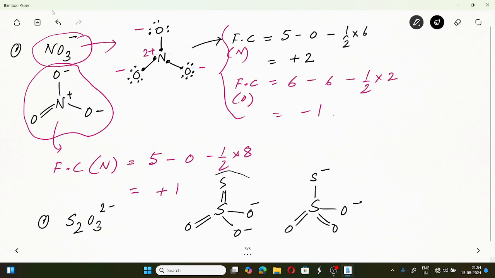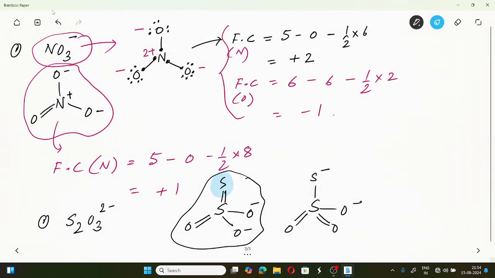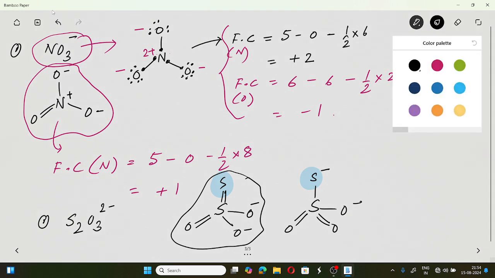So if you write down this structure, the formal charge over the terminal sulfur will be different from the one in this structure, isn't it? See, you'll be able to calculate by yourself. See, look carefully.